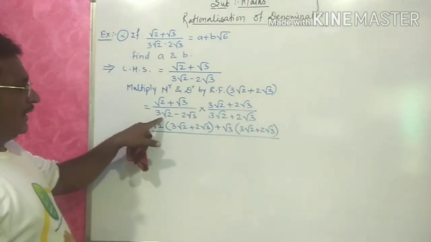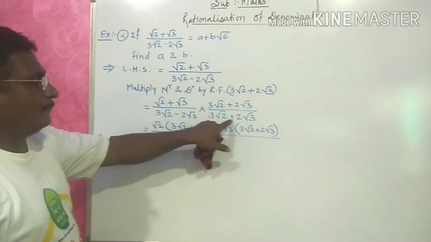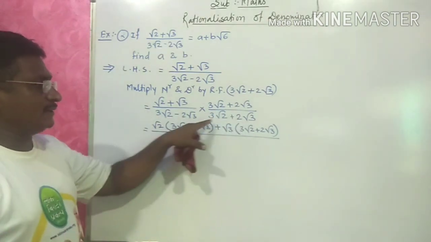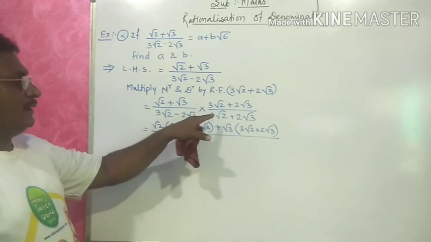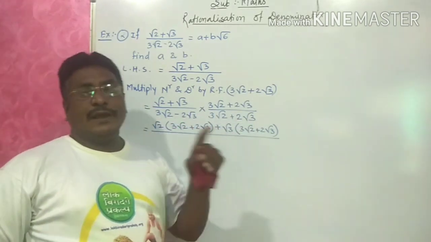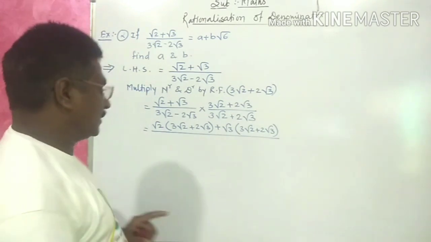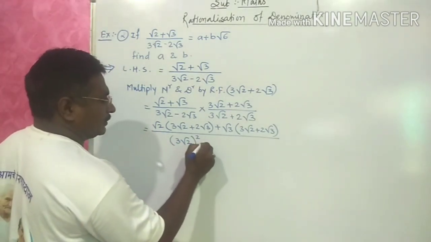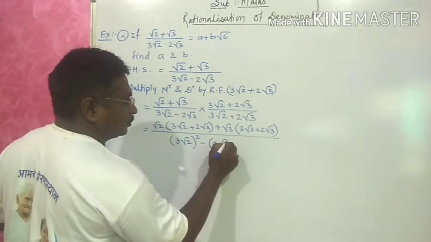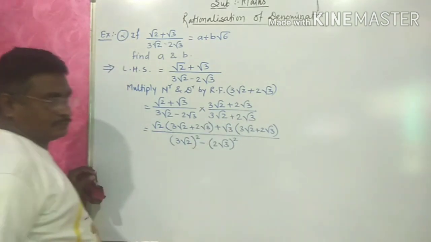Now here a minus b, a plus b, same terms are there. So which identity will come? (a minus b) into (a plus b) means a square minus b square. So a means what? 3 root 2 whole square minus 2 root 3 whole square.